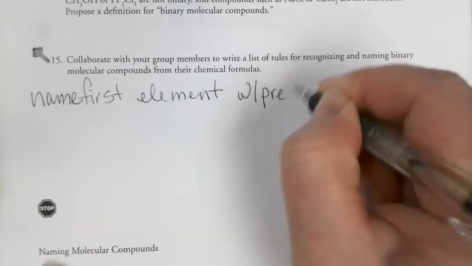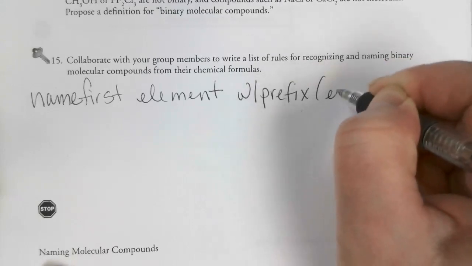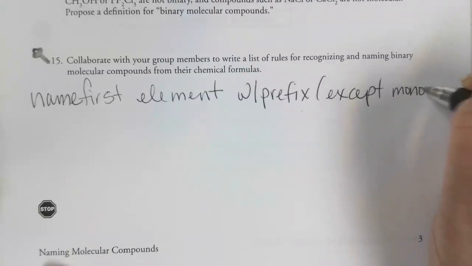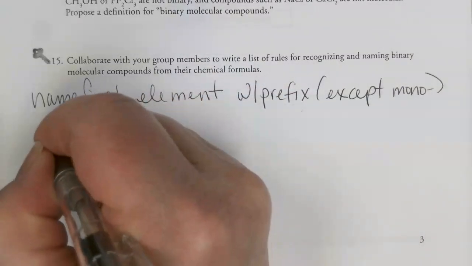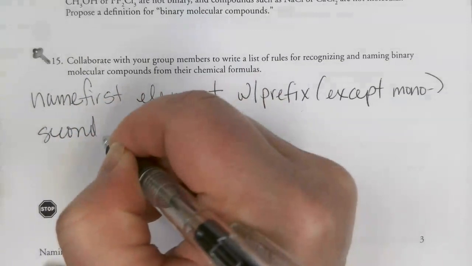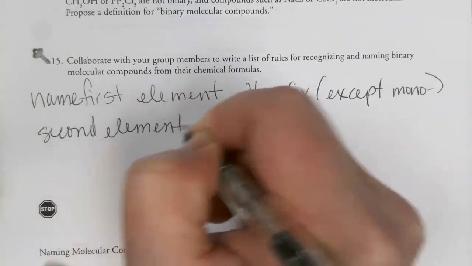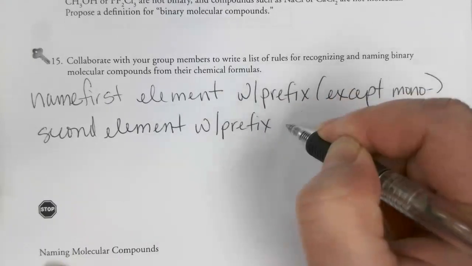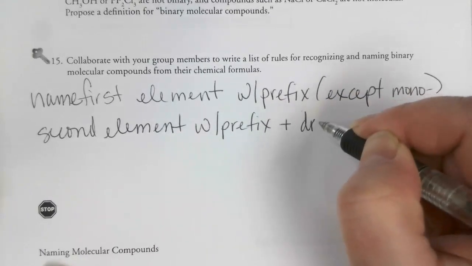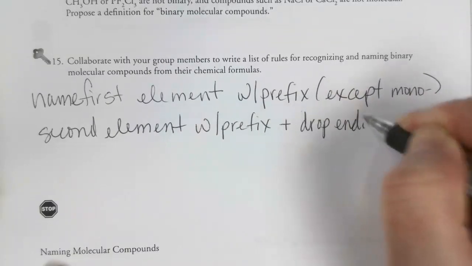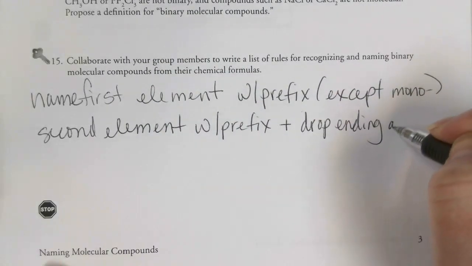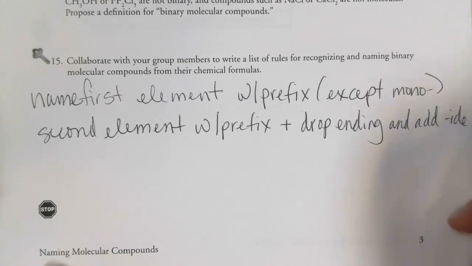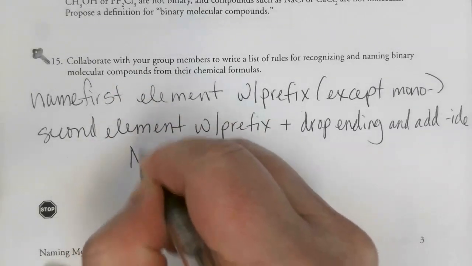With the prefix except when it's mono, right? And then the second element with the prefix plus drop the ending and add IDE.